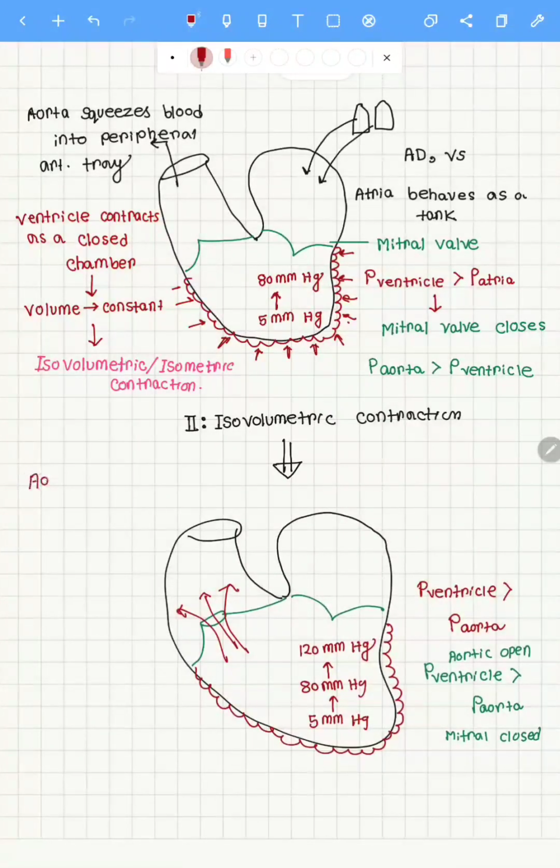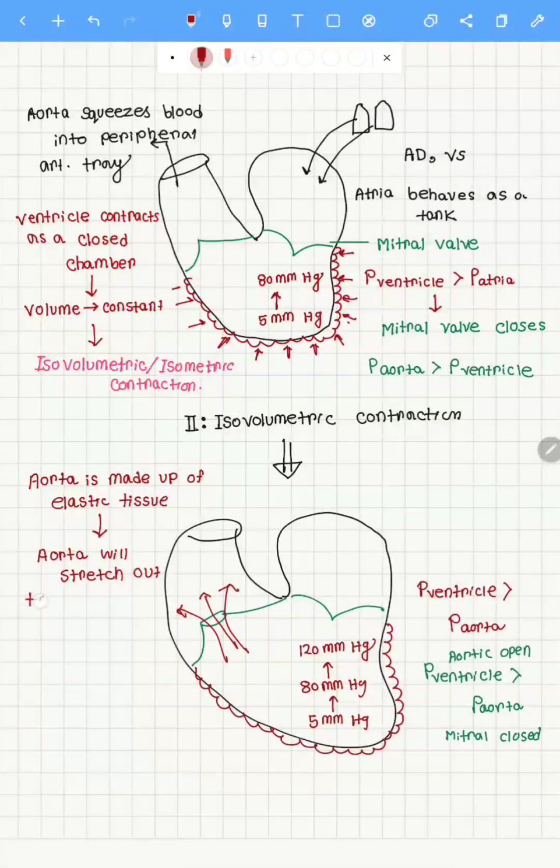Aorta is made up of elastic tissue. As a result, aorta will stretch out to give passage to more and more blood. And ventricle is connected with the aorta.